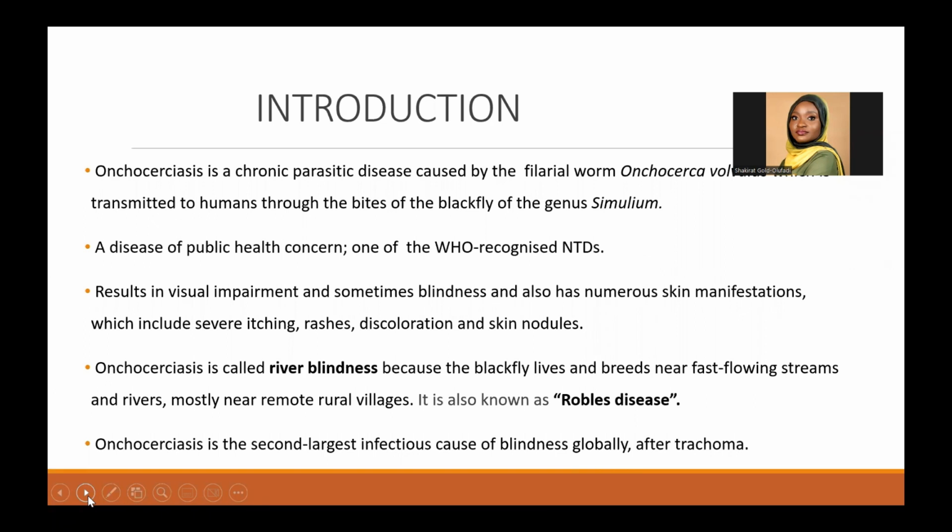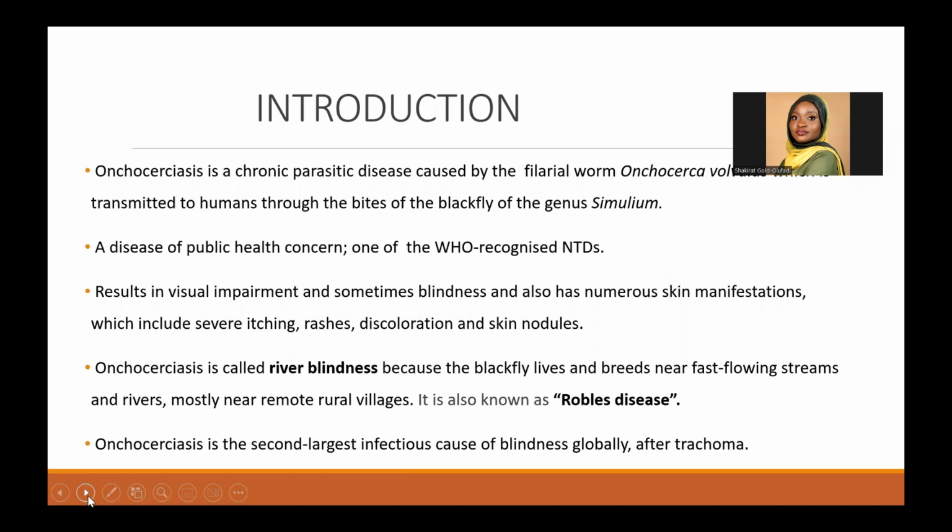It's one of the recognized neglected tropical diseases, and it's commonly found in sub-Saharan Africa. It usually results in visual impairment and sometimes blindness, and also has quite a number of skin manifestations, which is why we are talking about it today.